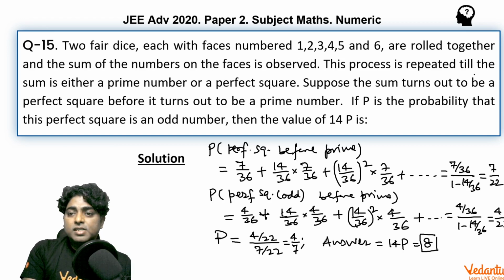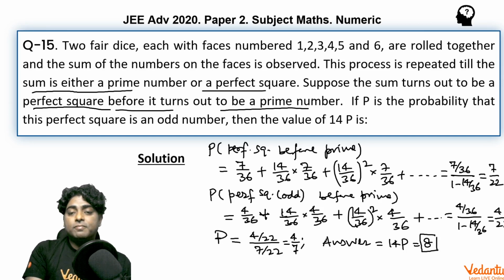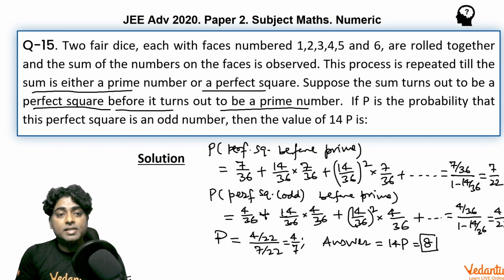It says the process is repeated till the sum is either prime or a perfect square. Again it says the sum turns out to be a perfect square before it turns out to be prime. Means the final given event is the process ended with a perfect square.